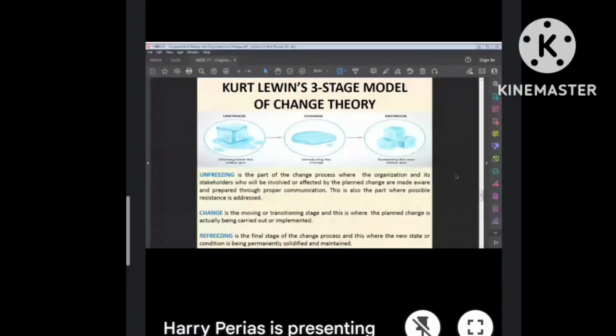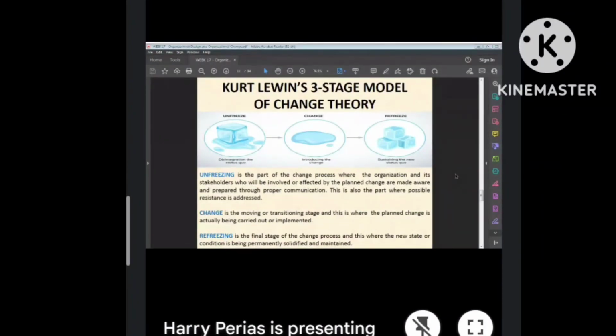Kasi it is very important na i-address yung concern ng mga affected or involved employees ng change, 'di ba? Para yung resistance nila is hindi masyadong mataas, hindi sila magkaroon ng anxiety, 'di ba?